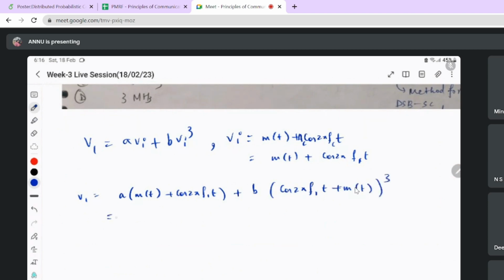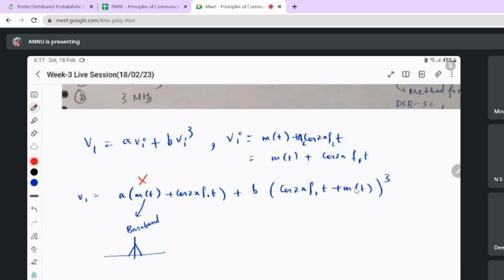So here you have to identify which terms will not be able to pass through the bandpass filter. Since this one is not a bandpass signal, it's a baseband signal. The term you have to remember: the baseband signal will have its base here itself, so it will not pass through a bandpass filter. Here only I am eliminating. Will this one be able to pass through a bandpass filter?